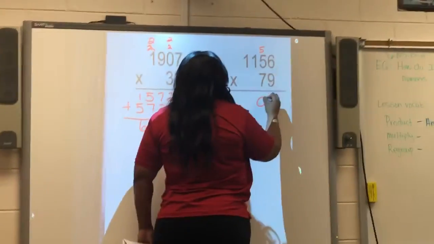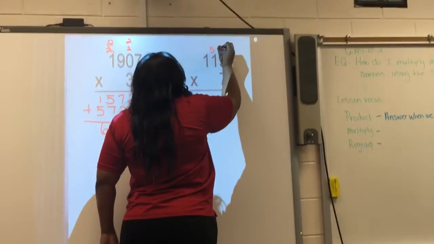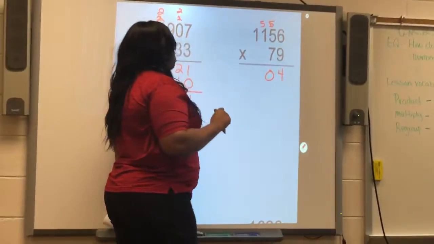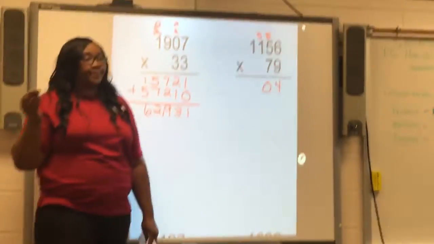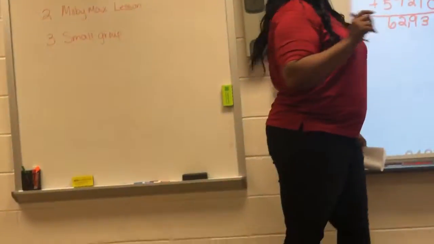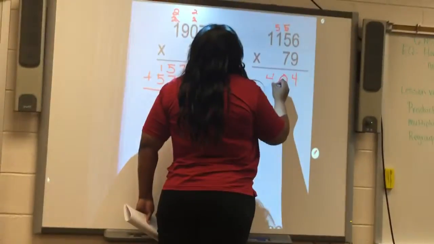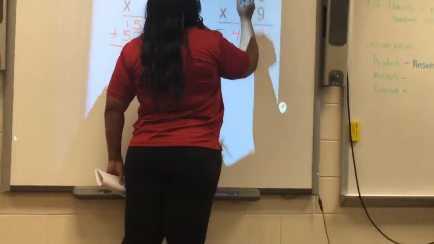So we'll put our 0 here, carry our 5. Right? What do we do now? Right, 9 times 1. 9 times 1 is 9, plus that 5 is 14. Right. So we put our 4 here, carry our 1.